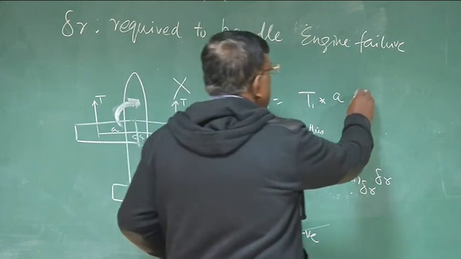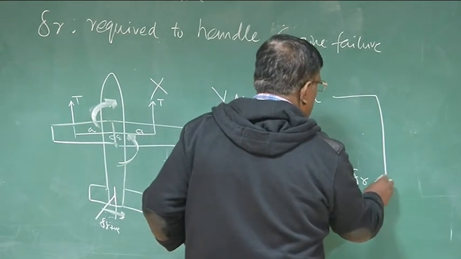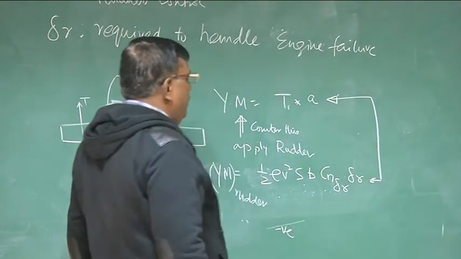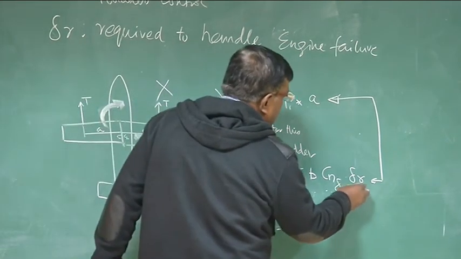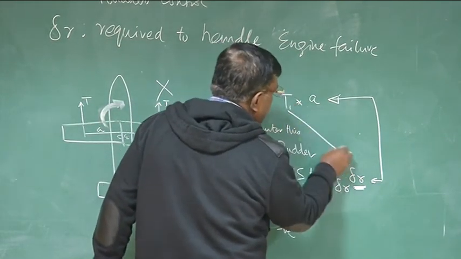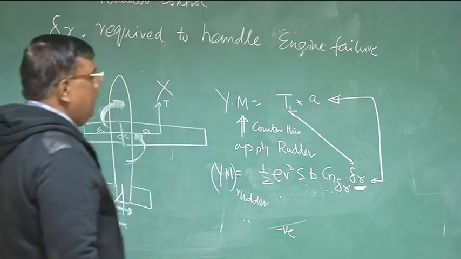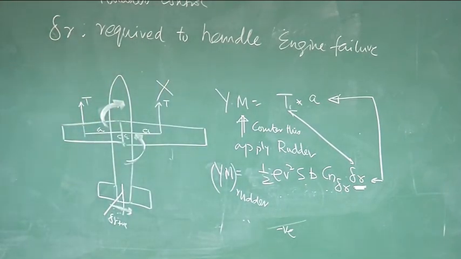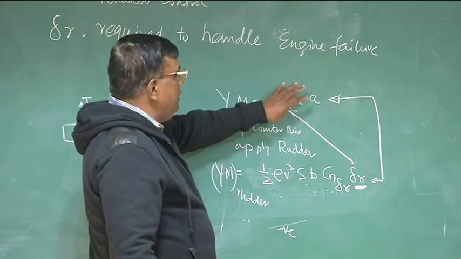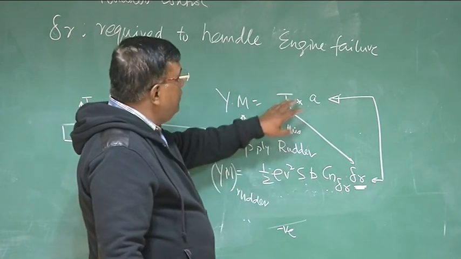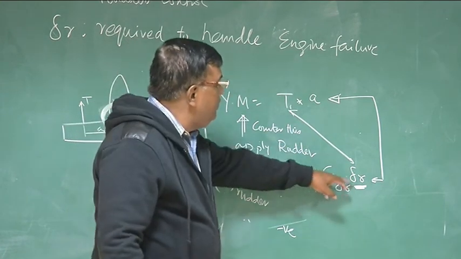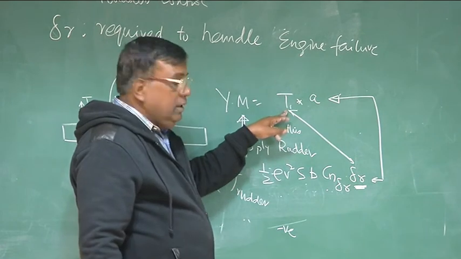By equating these two, I can easily find out how much delta R is required for a given T1. Is it clear? This is the disturbing moment. This I equate with this. So I can easily find out how much delta R is required for a given T1.